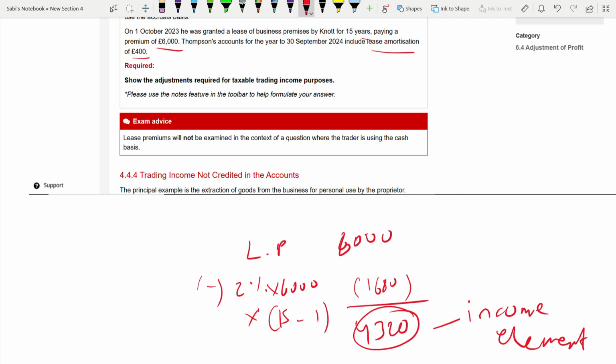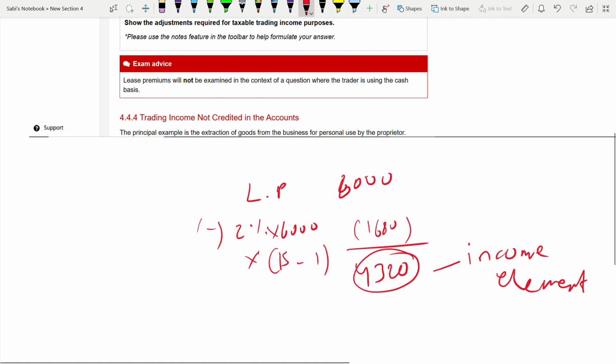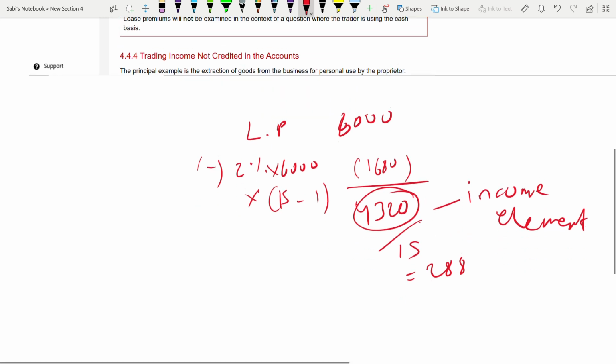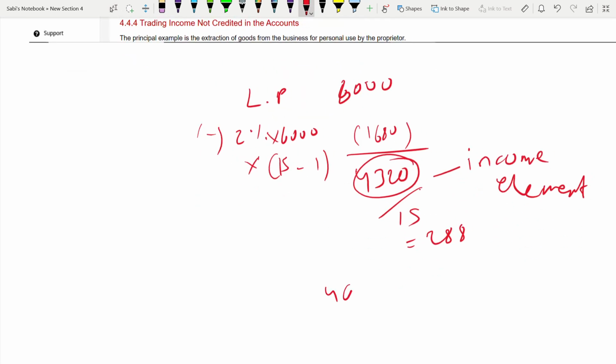So for 15 years you can deduct them. So this you will take for 15 because we only went for one tax year, which is 288. So now 400 you have to add back, and this 288 you will deduct because it's allowable.